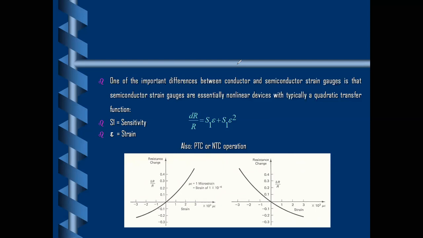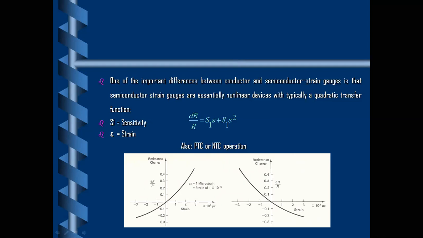Here S is the sensitivity, the product of sensitivity and strain, plus the product of sensitivity and strain square. So it is nothing but the summation of the two products, and its operation involves a positive temperature coefficient and a negative temperature coefficient.